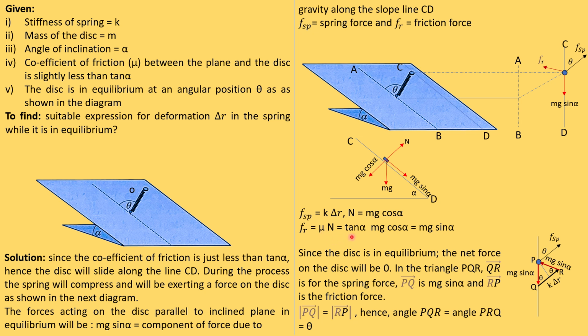In place of mu we can replace tan alpha into the normal reaction force. So the friction force will be mg sin alpha. For the disk to be in equilibrium, the vector sum of all these three forces should be 0.